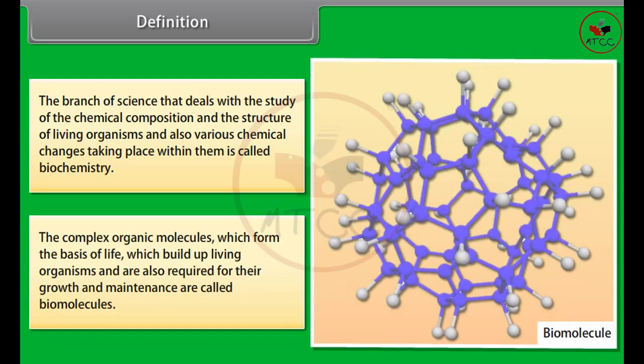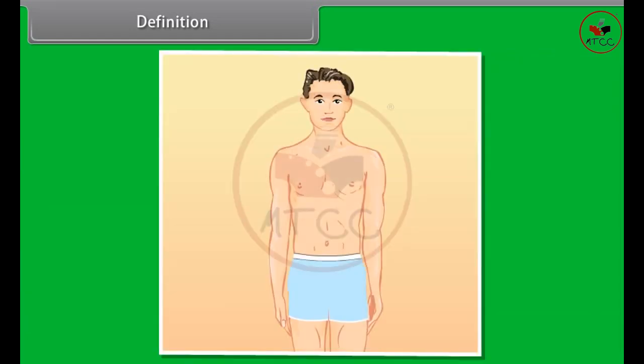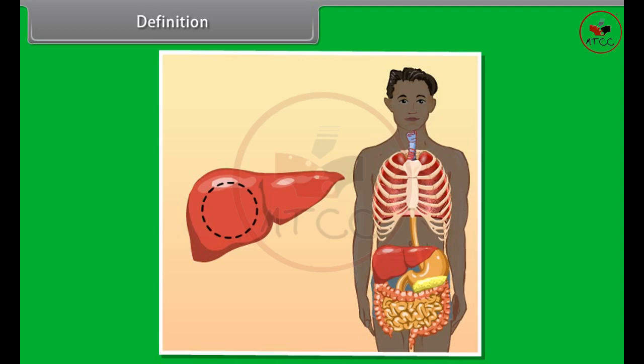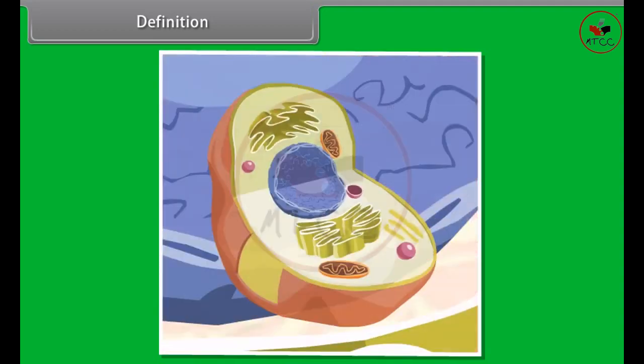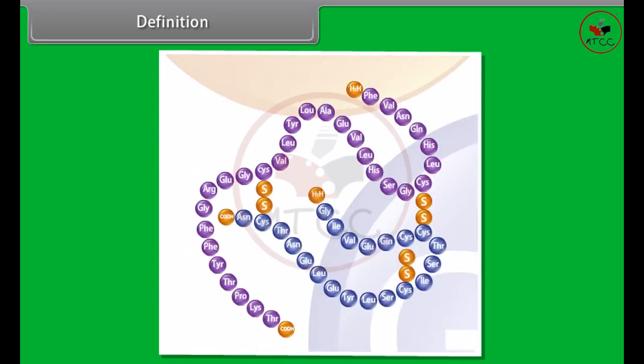The complex organic molecules which form the basis of life, which build up living organisms and are also required for their growth and maintenance, are called biomolecules. Biomolecules are related to the living organisms in the sequence: living organism, organs, tissues, cells, organelles, and biomolecules.